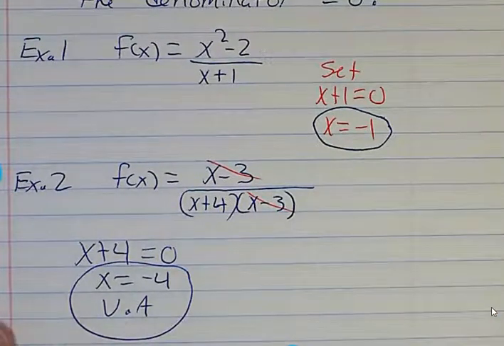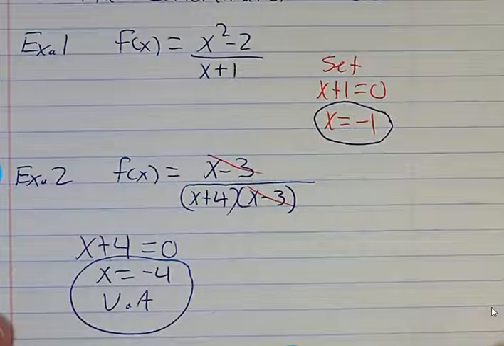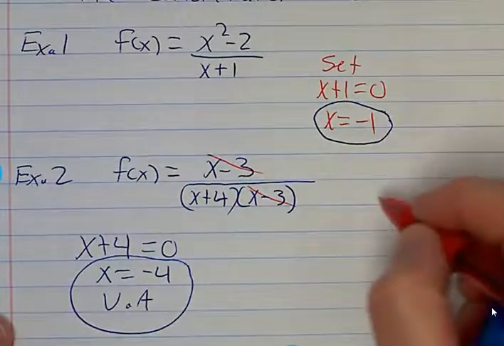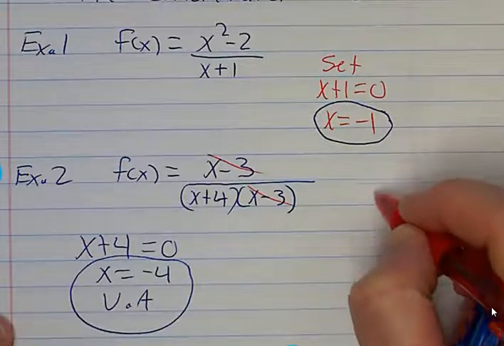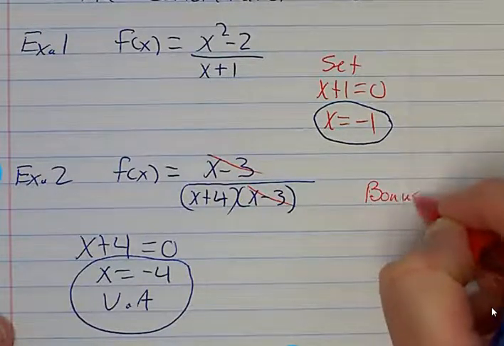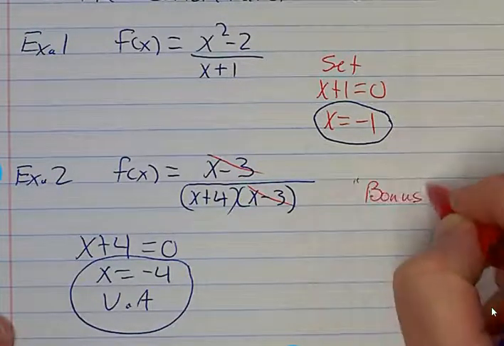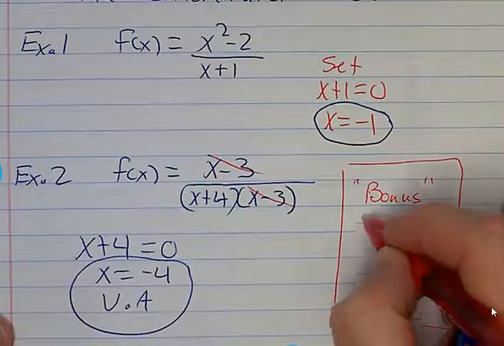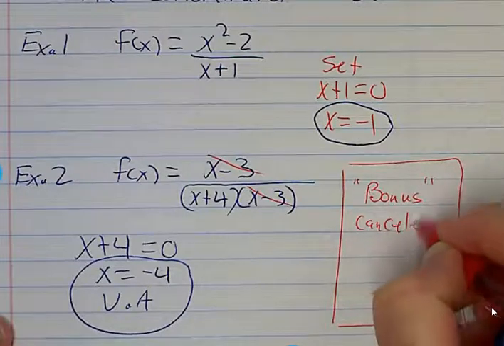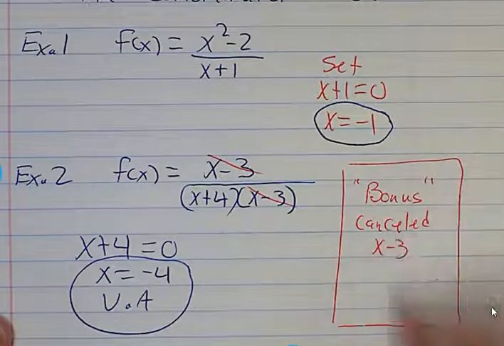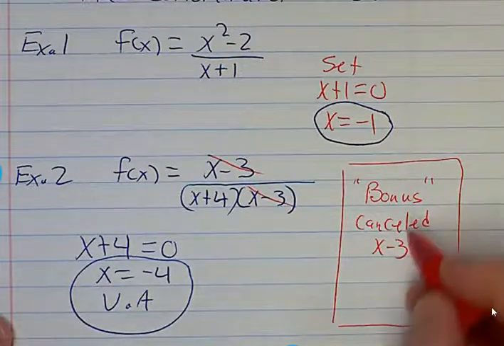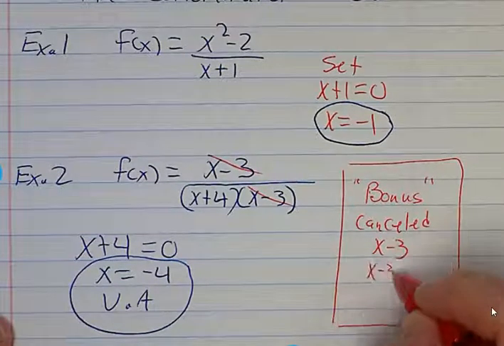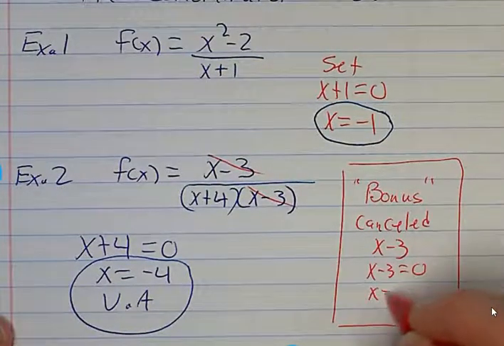Now, here's a little side note for this one, because they may ask for this on some other things. Here's a bonus. Well, we'll call it a bonus, but it's not really a bonus on this one. Because we canceled x minus 3, right? So if you set this equal to 0, that's x equals 3.